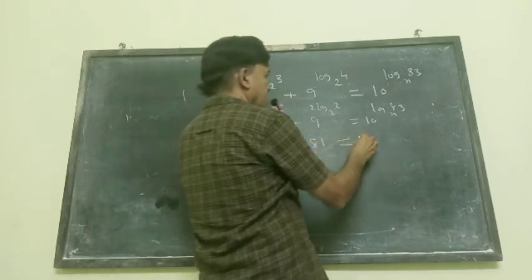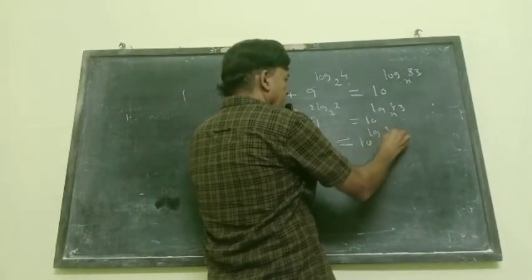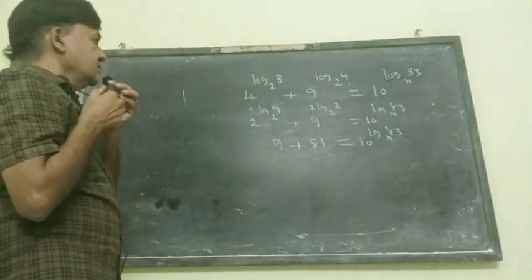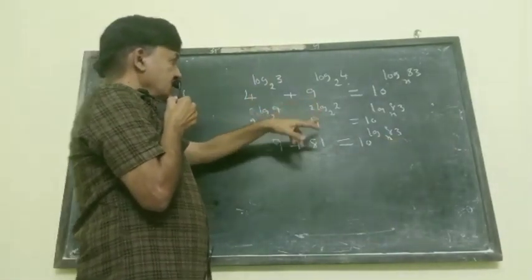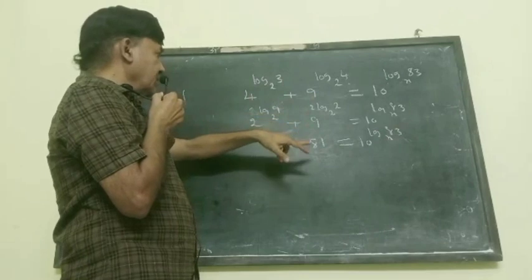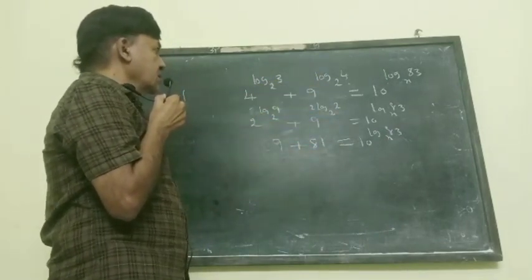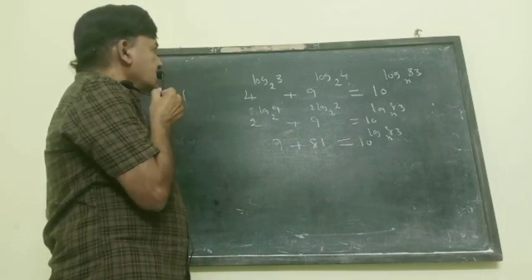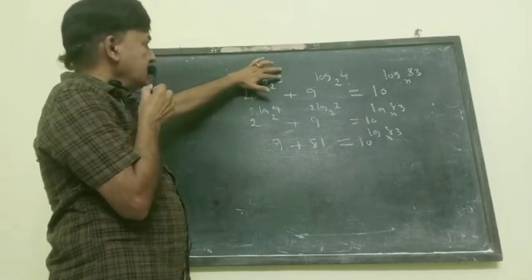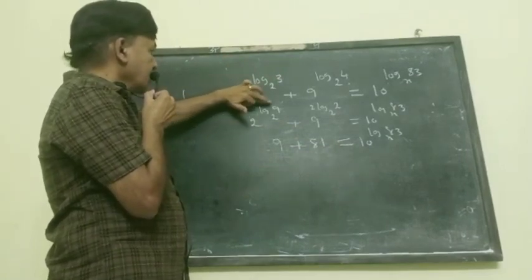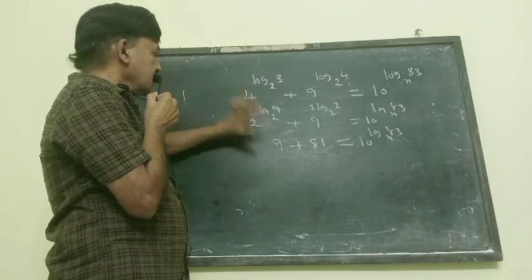Okay, no problem. 10 to the power of log 83 to base x, as per the problem, I'm doing it. This is 2 square. This is 4 to the power of log 3 to base 2. So 2 square I can write, log 9 to base 2. This is 9.